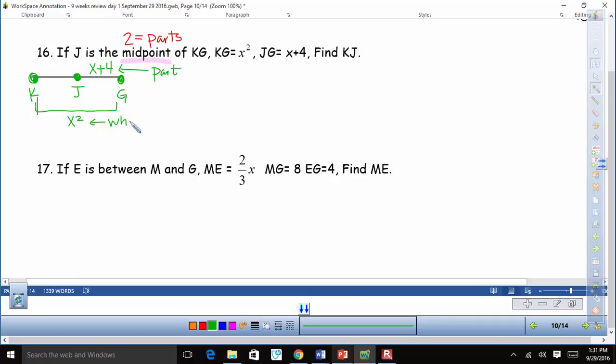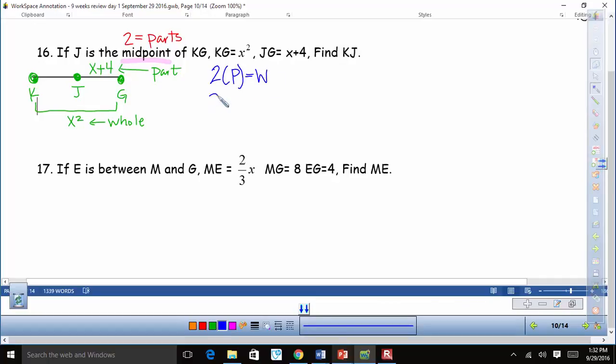What about KG? The whole. Okay, so there's only 2 formulas that work for midpoint. It's either part equals part or 2 times part equals whole. So which one would we have to use here if we only have one part and a whole? 2 times part equals whole. So we're doing 2 times the part equals the whole.